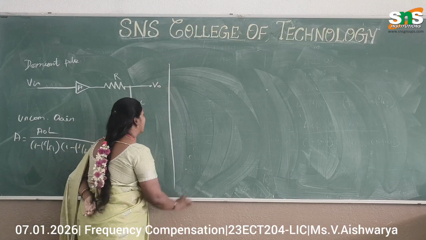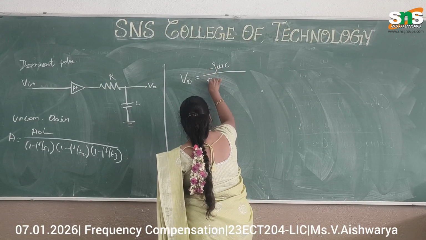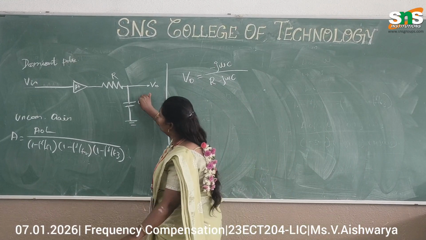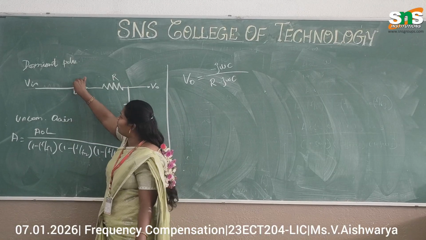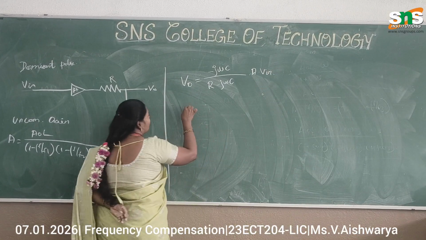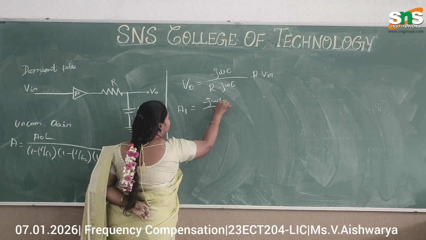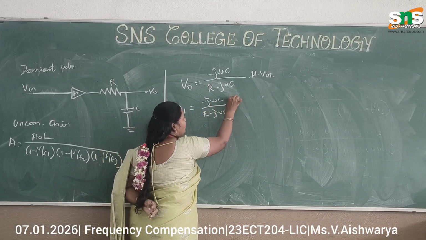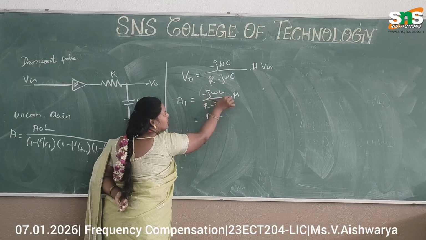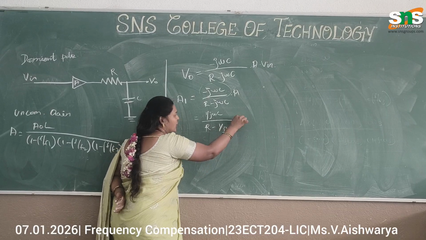So V0 is written here as V0 equal to minus j omega c by R minus j omega c, into A times V. We know that V0 by V is our gain value, so I write it here as A1: minus j omega c by R minus j omega c into A. Here we write 1 by j omega c, and after that R0 by 1 by j omega c into A.